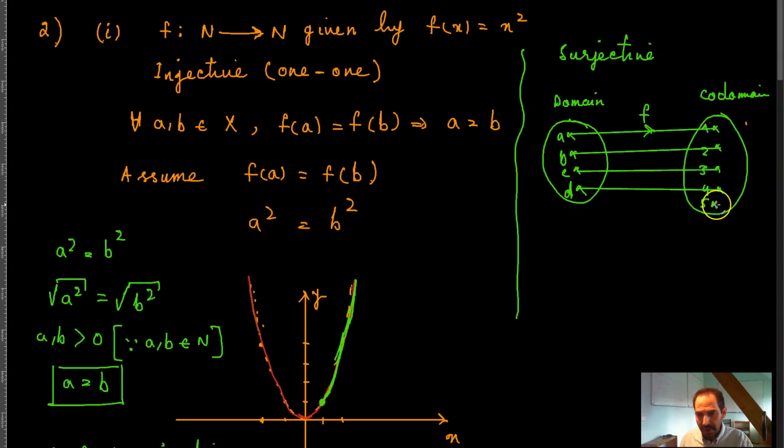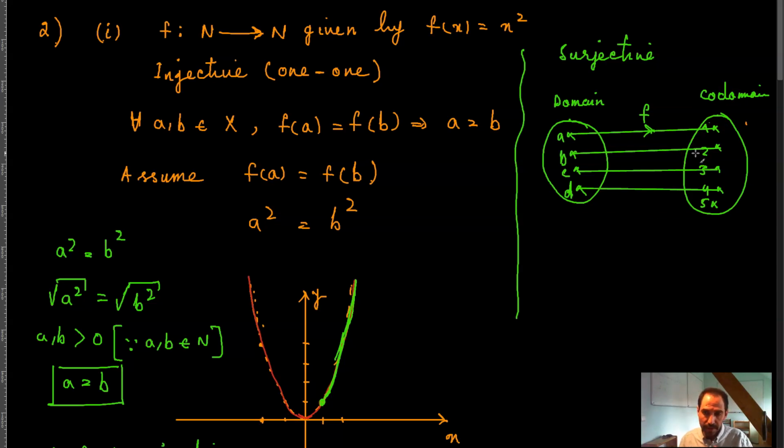Or you can say that if the range and the codomain are equal sets, then the function is of course surjective, because if every element that you have here is the image of some element in the domain, then your codomain, which is the whole set here, becomes the same as the range, and the range is the set of all of those elements that are the image of some element in the domain.